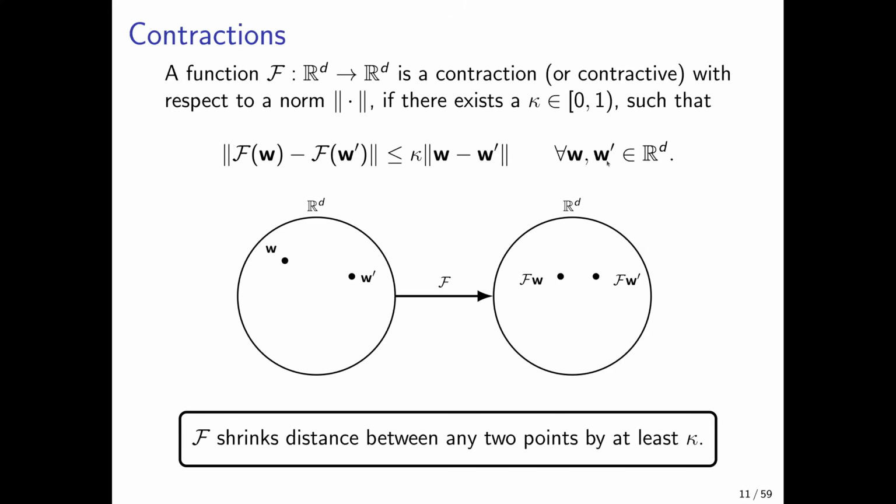For every pair of points, if we apply f and look at the distance between the images, then this distance gets shrunk by this contraction factor kappa. You can think of it this way: if we have these two points w, w prime, we apply f and look at their images, their distance measured by the norm becomes smaller by at least a factor of kappa.